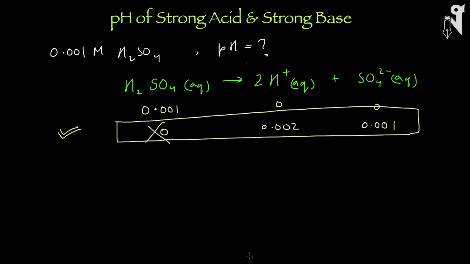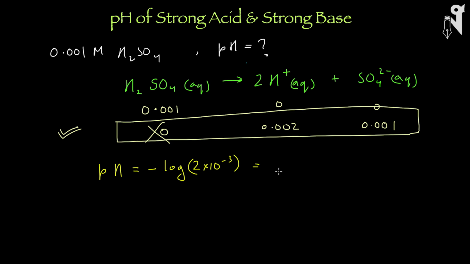This is what is in the solution. So what would be the pH? pH is your negative log of this value, which is 2 into 10 power minus 3. Now you'll use your log skills a bit, and if there is a multiplication, you just put it as addition.